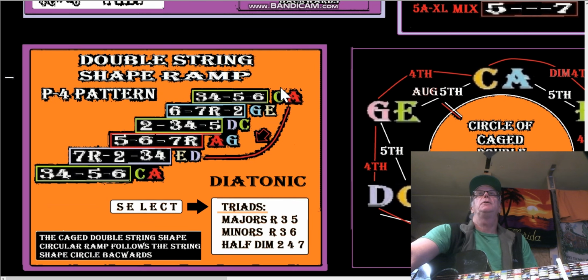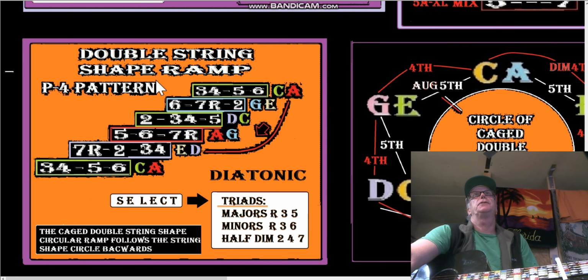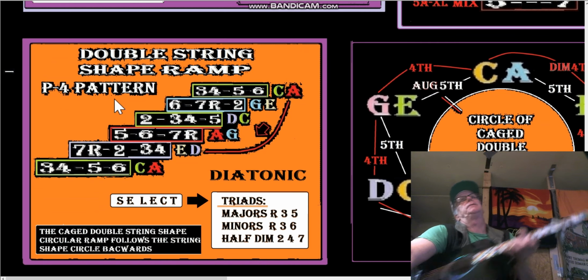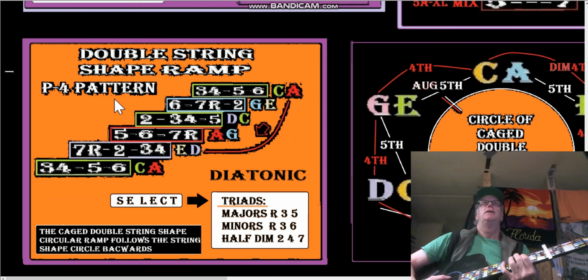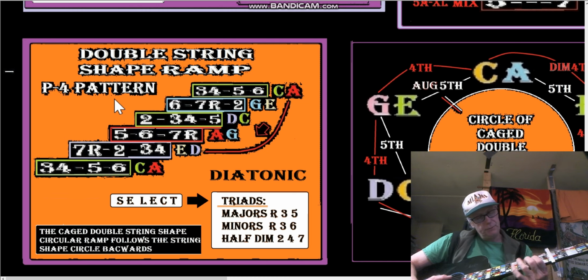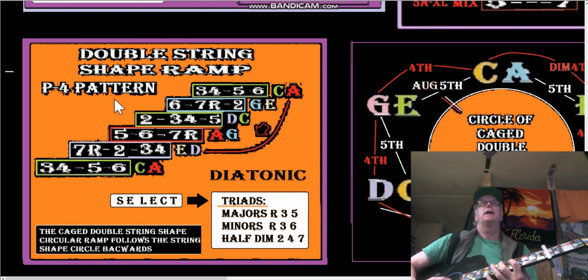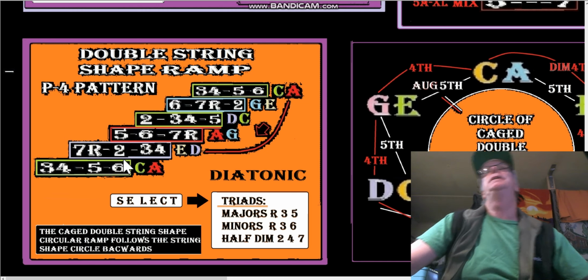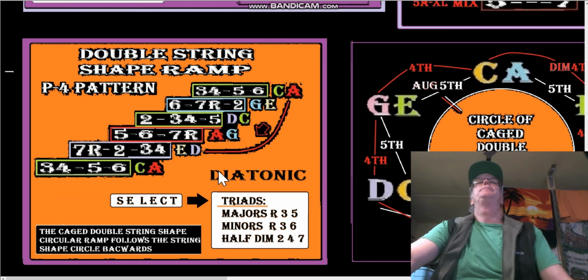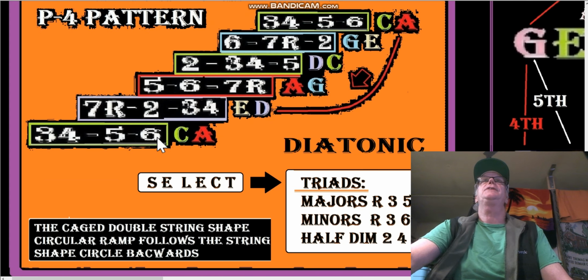Okay. Now we're just looking at the double string shaped P4 pattern. We've got 3, 4, 5, 5, 6, 7, root 2, 3, 4. And we're looking at these letters here, and how we're going CAGED.